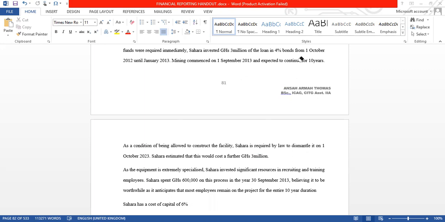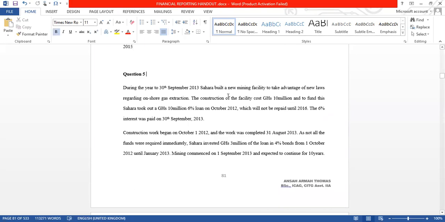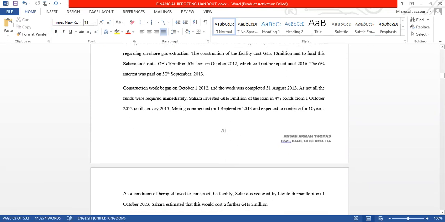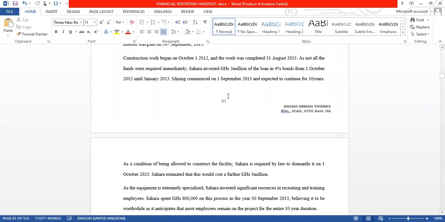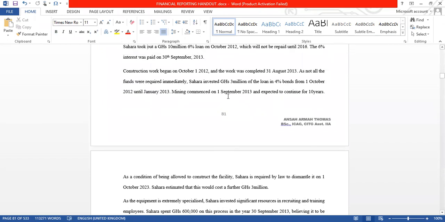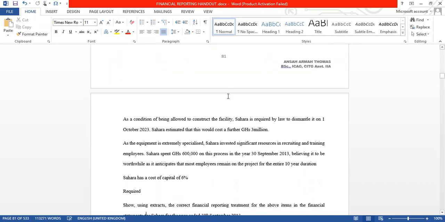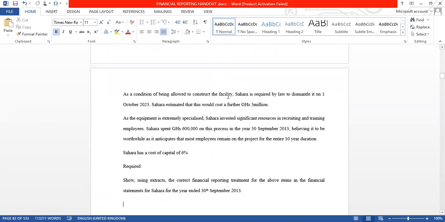I want to leave you to go through the question again, whilst we open a new page to deal with it. So you could see clearly that our requirement is to show the correct financial reporting treatment as at 30th September 2013. Herein, you see there are borrowing costs, and there are PPE. Okay, so how do we approach this?